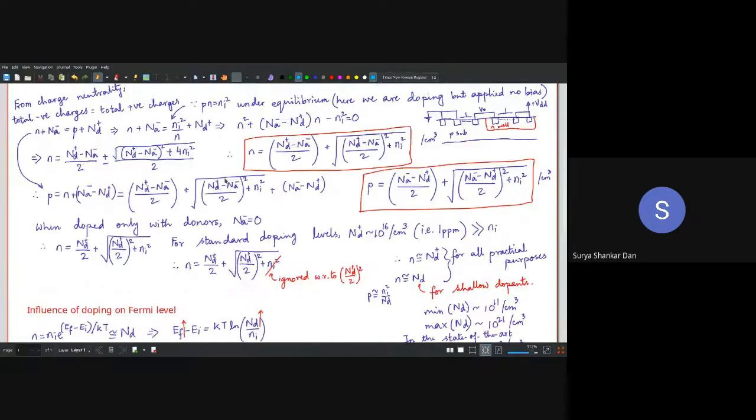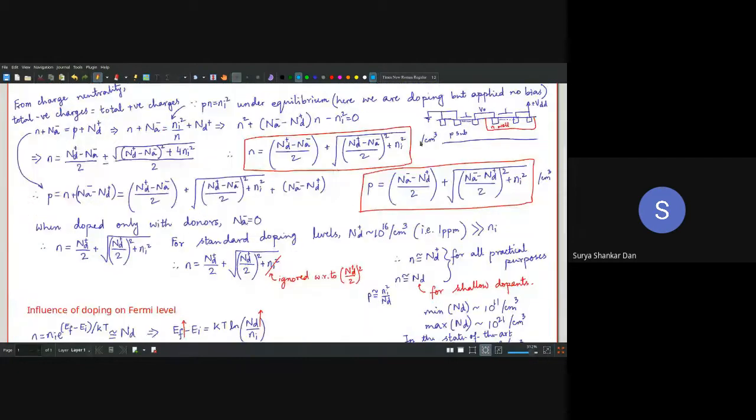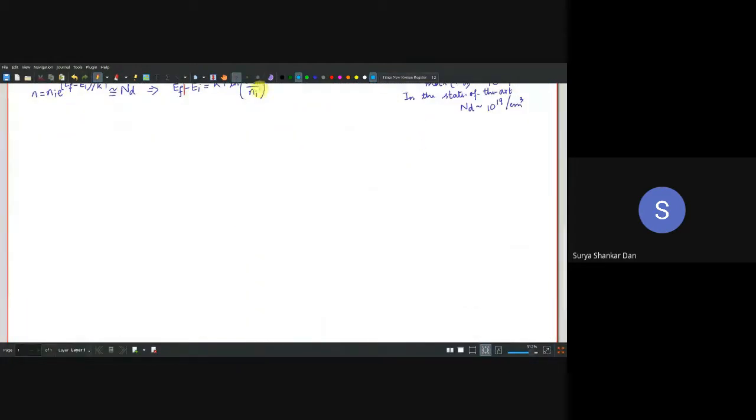Okay, so now the last topic for today is the concept of equilibrium, because this is going to be important for the next class when we begin with carrier transport. So what is this concept of equilibrium? Let us say this is a system, and there are particles randomly moving around.